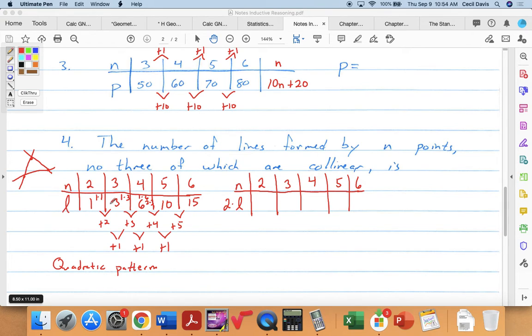So 2 times L, this is going to be 2. This will be 6, 12, 20, and 30. Now let's see if we can find a pattern of things multiplied together. To get 2, what do I have to multiply together? 2 and 1.